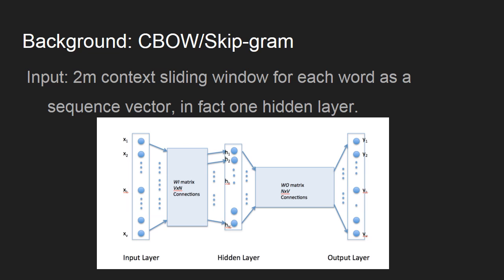The input matrix has a size of V multiplied by N, where V is the size of the dictionary. N is the size of the set hidden layer dimension. We often set it to be 128 dimensions, but it could vary according to your own interest.